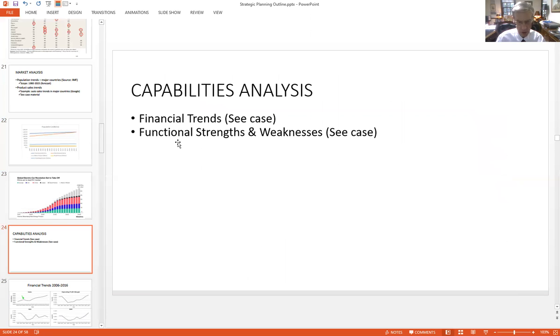But this takes us to the assessment of internal capabilities. We've looked at the external environment. Now we look at the internal environment, and we start out with financial trends. The good thing in our cases is that financial trends are provided rather extensively.